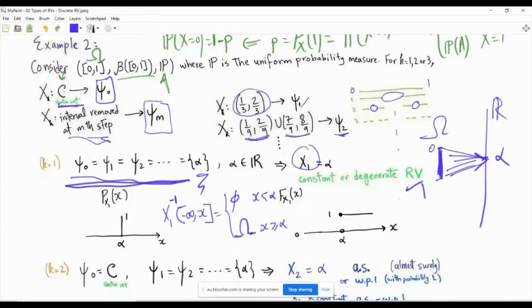And because the random variable takes one value, which is alpha, you can think of it as deterministic. If you call it a random variable, you call it the constant random variable, or it has another name which is degenerate random variable. If I say degenerate random variable, it means that X is equal to some constant. It's sort of deterministic.